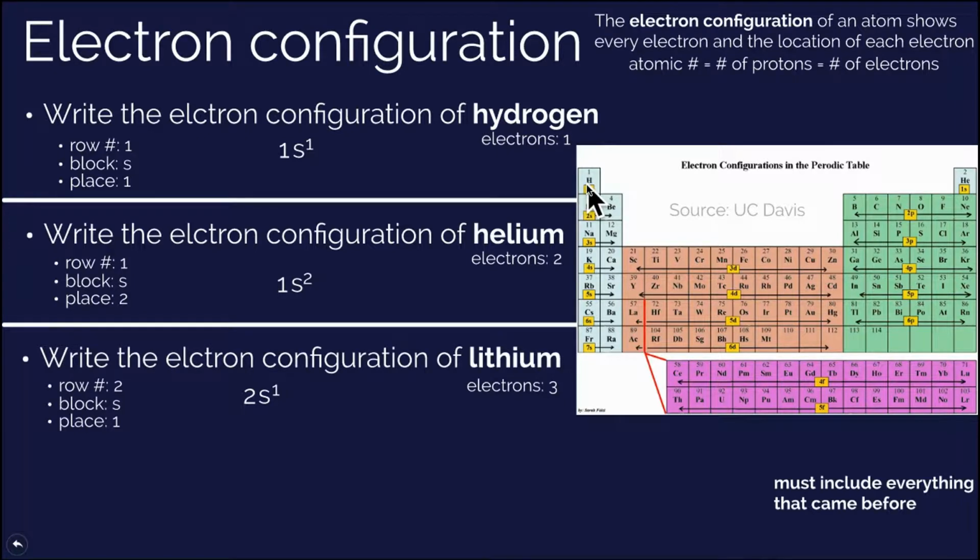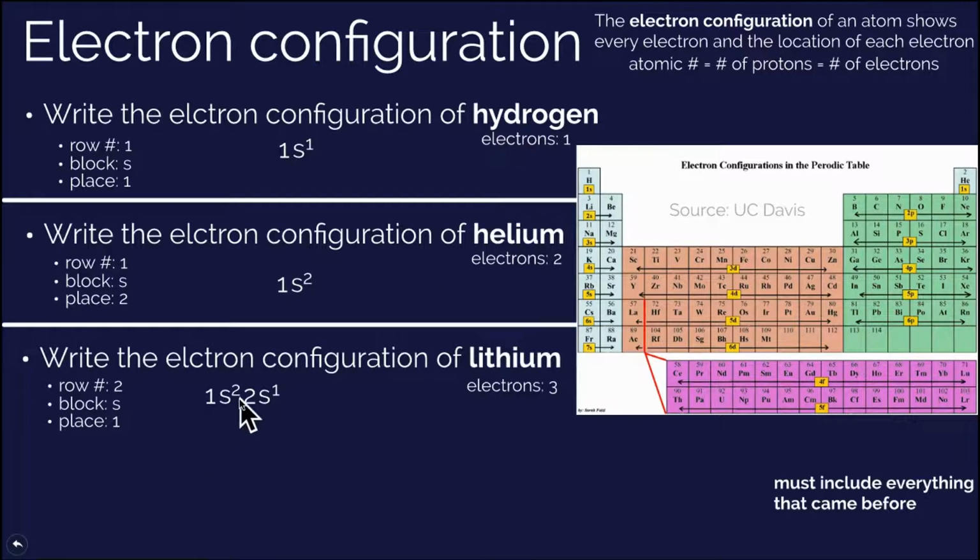Then you move on to the next row. So 1 and 2, that will take care of the first set of orbitals, and then when we get to number 3, we're finally to that 2s1 that we've already written. So we'll just add in the things that came before, so 1s2 for both hydrogen and helium, and then finally 2s1 is the location of lithium.